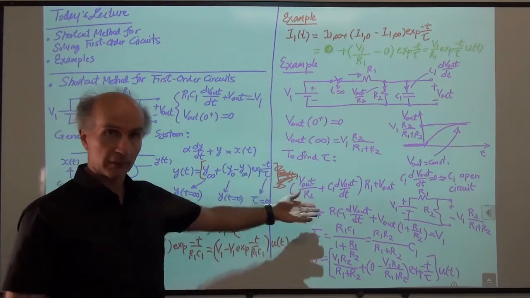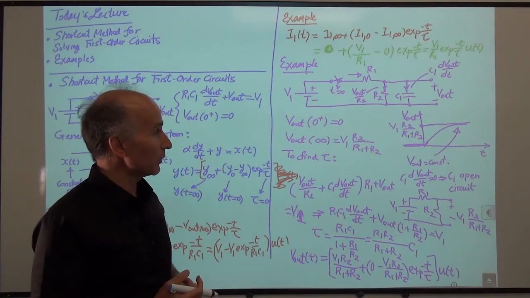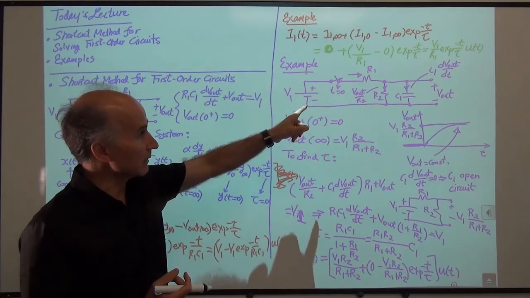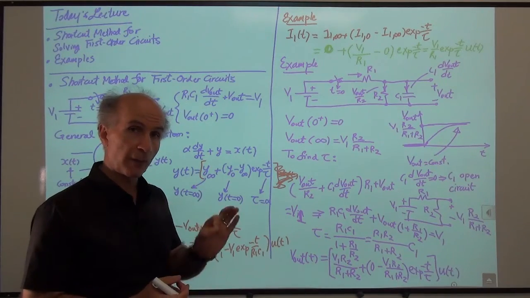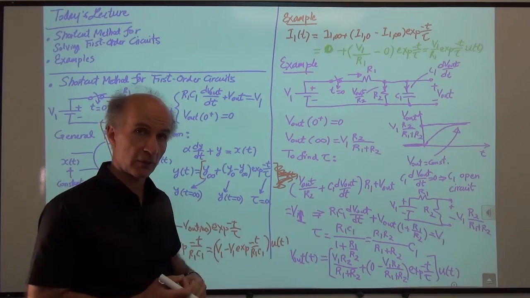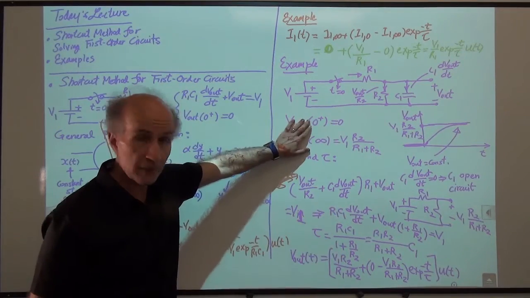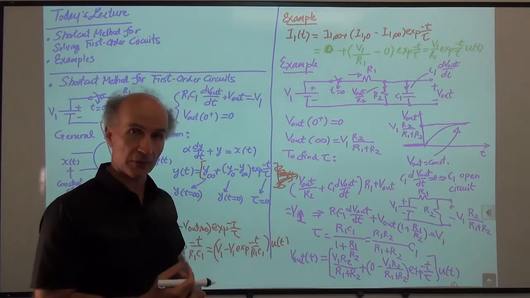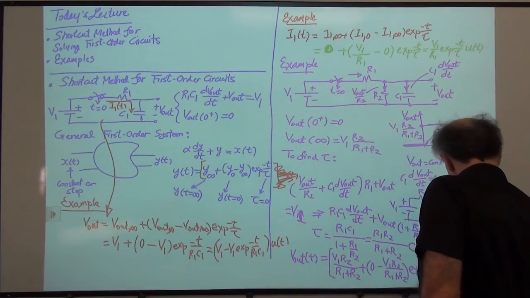Why not just solve the differential equation and get it done with? But I will show you that we can find the time constant of the circuit by inspection without writing the differential equation. I found this by inspection. Boom, I have the answer, right? So let's go ahead and do that on the next slide.